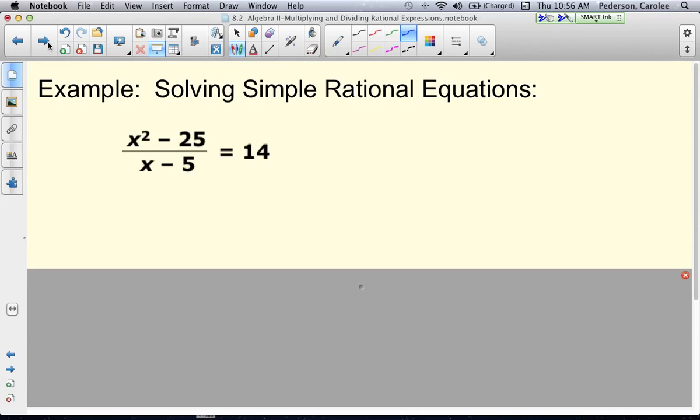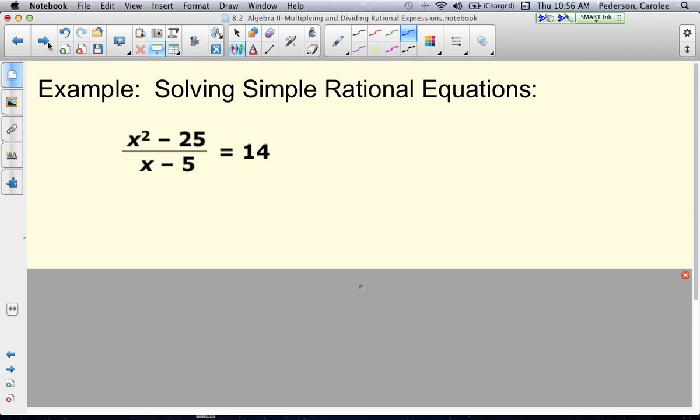All right, we're going to move on to a new topic. We want to solve these rational equations where we want to solve for x. So we have x squared minus 25 over x minus 5 equals 14.